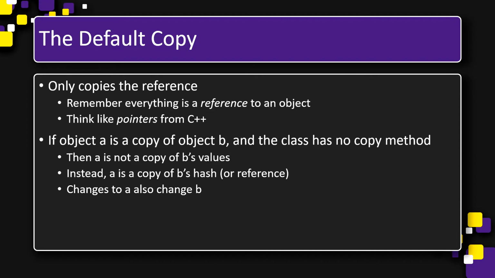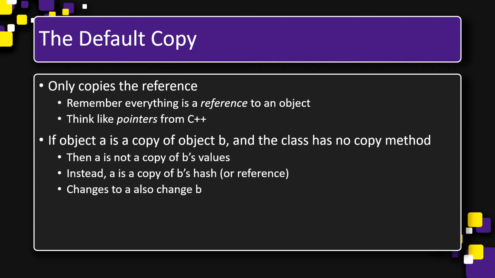Instead, A is a copy of B's hash, or rather, A is a copy of the reference to that object. So they're both going to be pointing to the same object. Now changes to A will also change B because changes to either of them are actually changes to the one memory location that they're both pointing to.